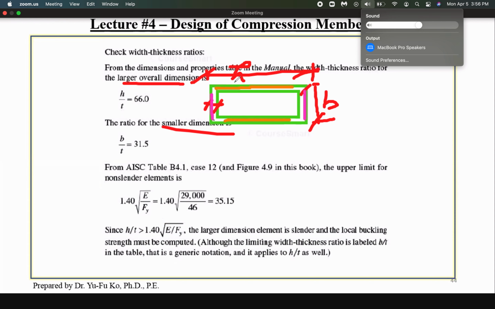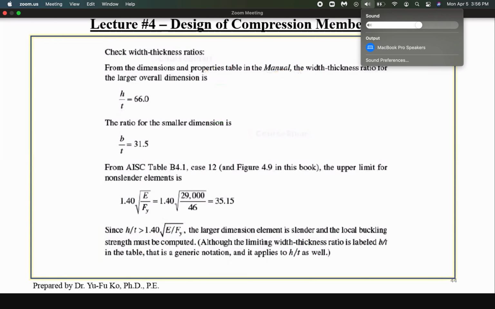So in HSS, there are no unstiffened elements. In HSS, they are all stiffened elements. Okay? So this you can check out from the manual, 6.6 and 31.5 for larger elements, and this is for shorter elements in the cross sections.